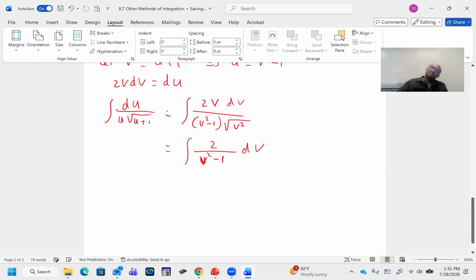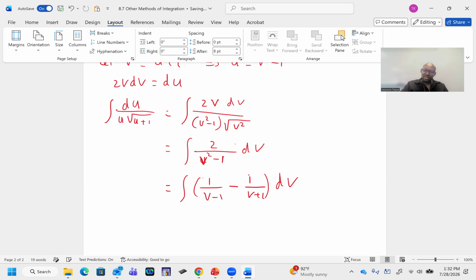To do this one, we have to do partial fractions. We have to write this as two fractions. The two fractions that we get will be 1 divided by v minus 1, minus 1 divided by v plus 1, dv.